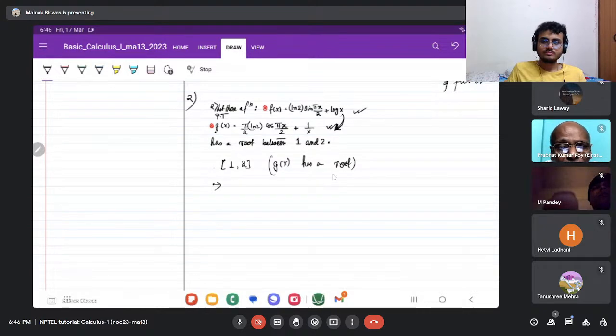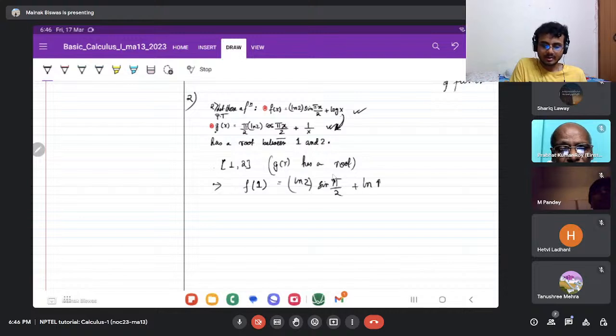So you see, f of 1 I'll put. f of 1 is log 2 sine of pi by 2 plus log 1. This is 0, this is 1, this is log 2. Similarly, f of 2 is log 2 sine of pi plus log 2.